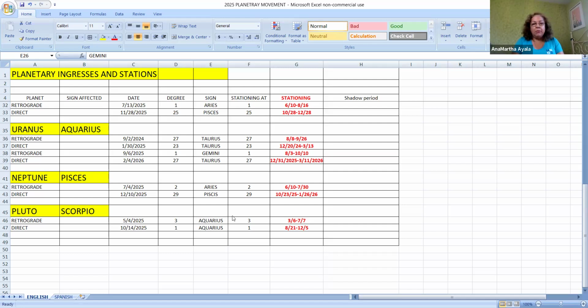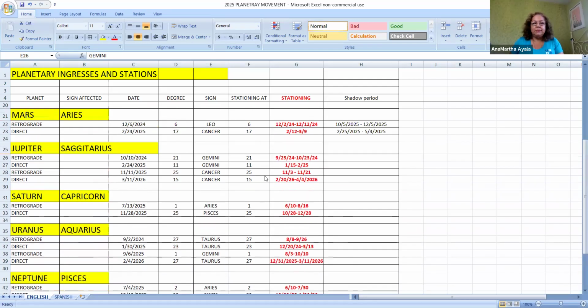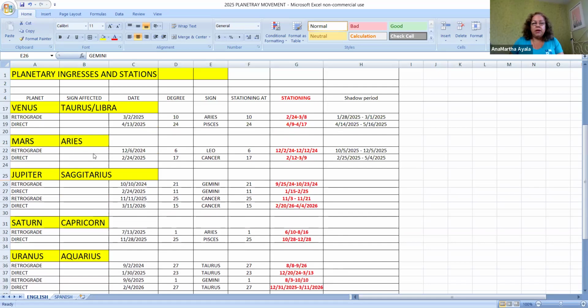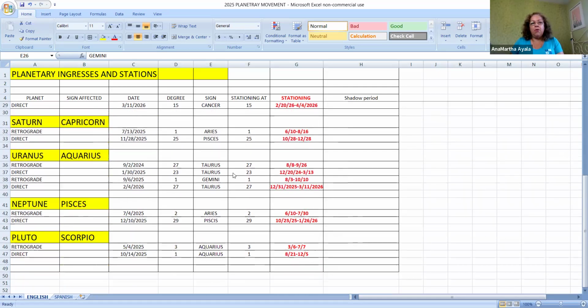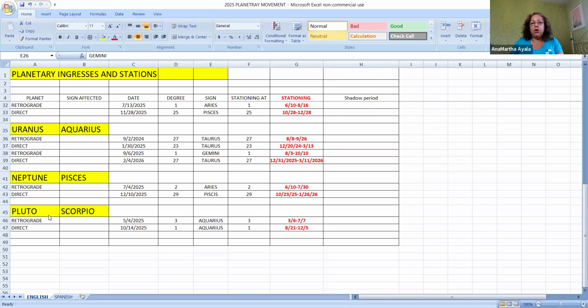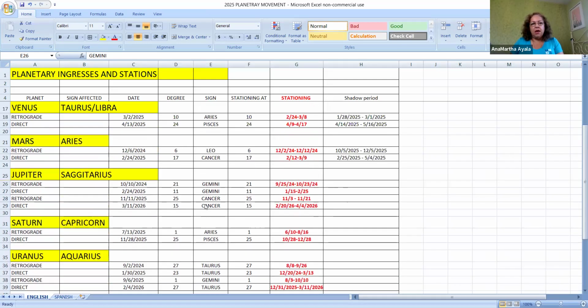Now, with Pluto retrograde, just like Mars, when Mars is retrograde, I would not have any elective surgeries. Or Pluto being retrograde, no elective surgeries. Obviously, if you need an emergency surgery, well, the word emergency says it all, right? You do it.